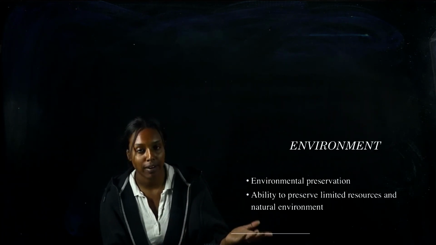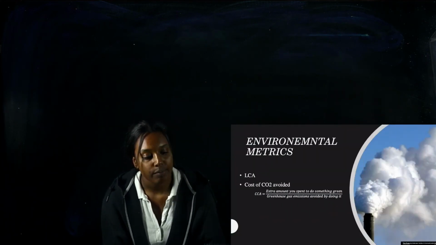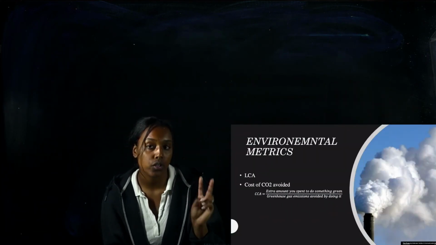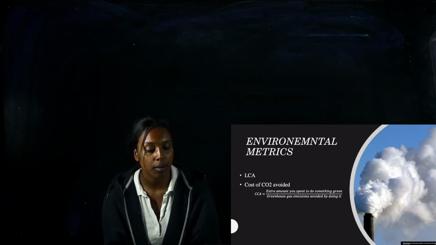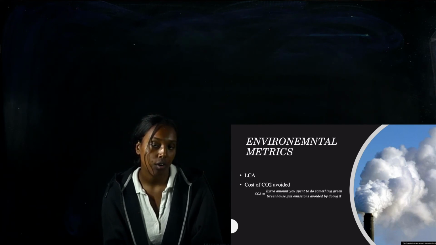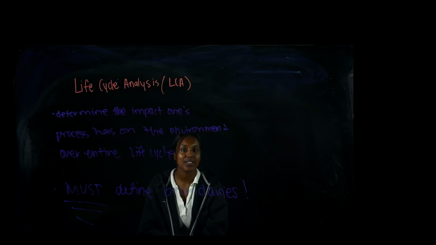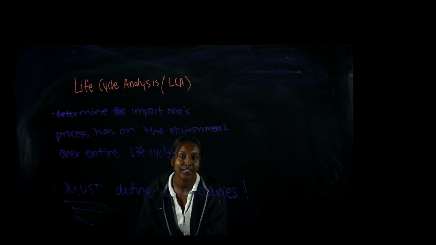That's what the environment pillar is getting at. And for quantitative measures for the environment, there are two that I'm going to talk about. First up, we have the LCA, the life cycle analysis, and second, we have cost of CO2, or carbon dioxide, avoided. All right, so what is the life cycle analysis?